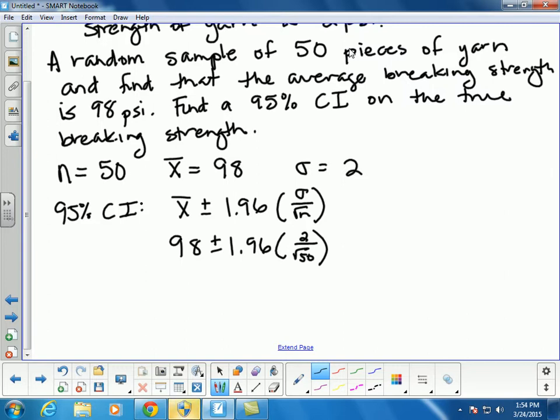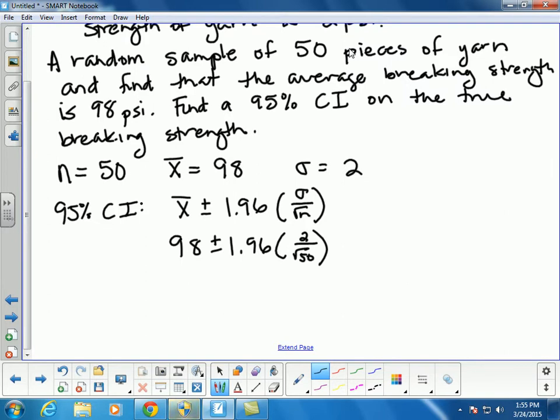So 2 divided by the square root of 50, and that equals 0.2828.